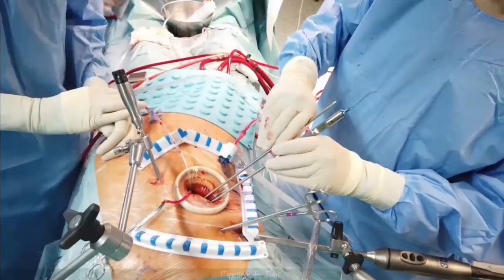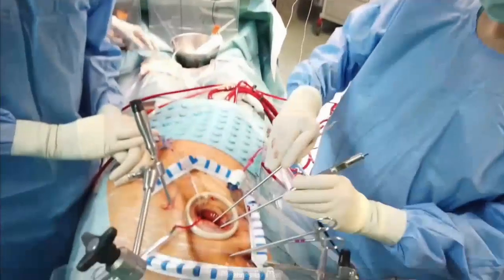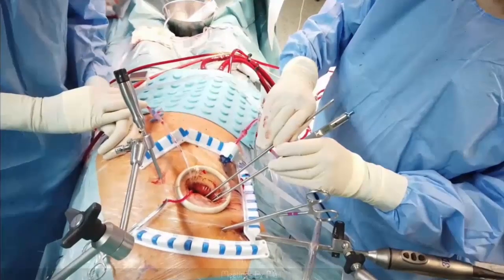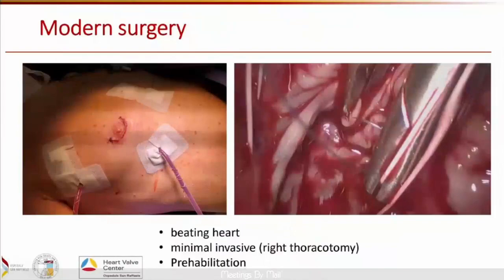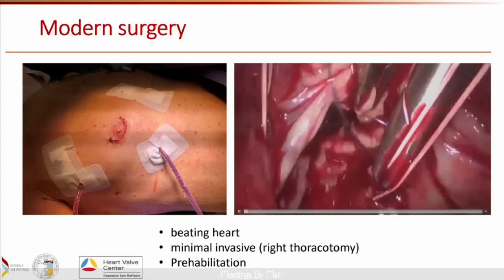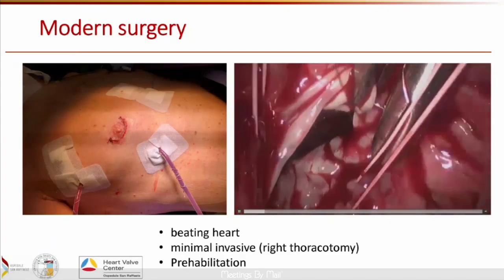This is the kind of invasiveness we have. She's young enough, that's another point. If I have a score of 0, 1 in an 80-year-old is a different story. She's 50. She has many years to go, and what she gets is a clover technique, so an Alfieri technique to fix this prolapse, in addition to a ring.